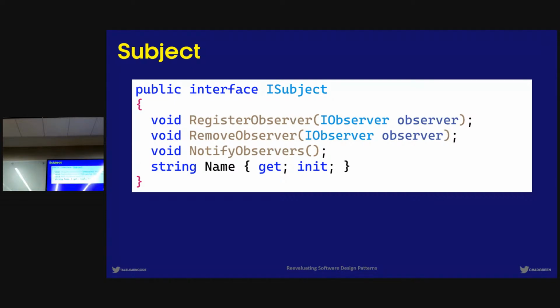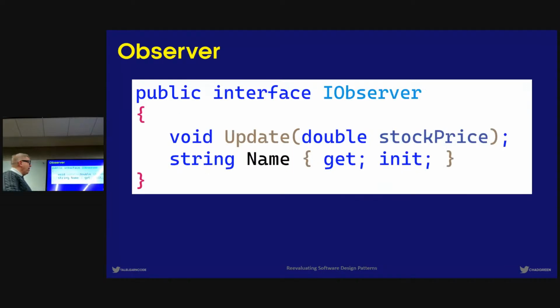Those three methods you're pretty much always going to have in the subject. Then you have your observer, the thing that's actually watching. Like I said, you won't necessarily have an update method, and it probably will be called something different than just update. But the idea is you have that type of concept, and a name for it.